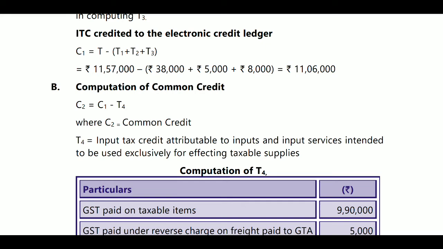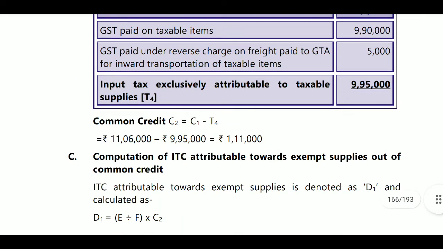Now we want only what is related to taxable supplies, which is eligible ITC, that is GST paid on taxable items. On taxable items we have paid GST of 9,90,000, and reverse charge, which is freight paid for transportation of taxable items, is 5,000. It is exclusively for taxable items, so it becomes 9,95,000. So C2, the common credit, will be 11,06,000 minus 9,95,000, that is 11,000.